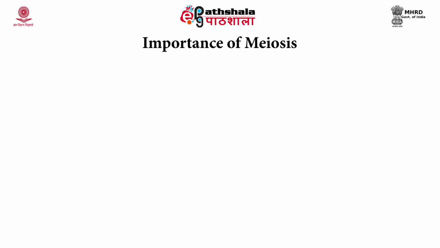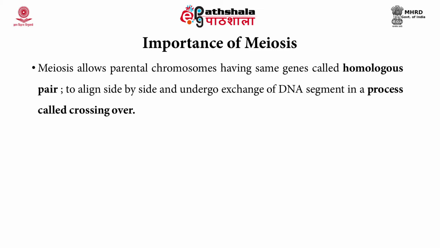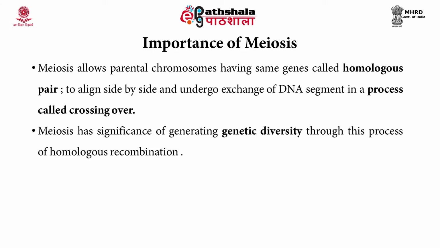Importance of meiosis. Meiosis allows parental chromosomes having same genes, called a homologous pair, to align side by side and undergo exchange of DNA segment through a process called crossing over. Significance of meiosis is in generating genetic diversity through the process of homologous recombination.